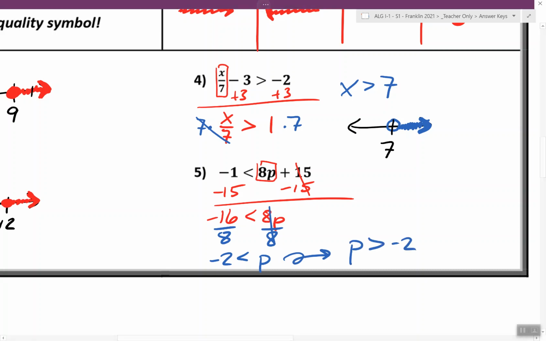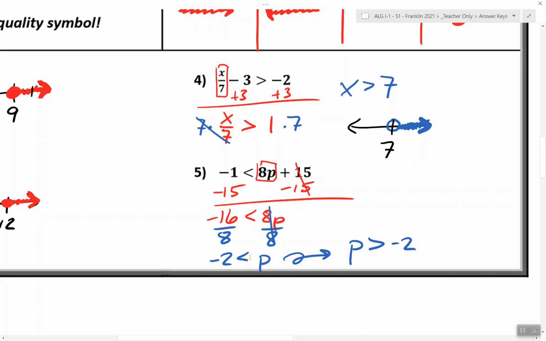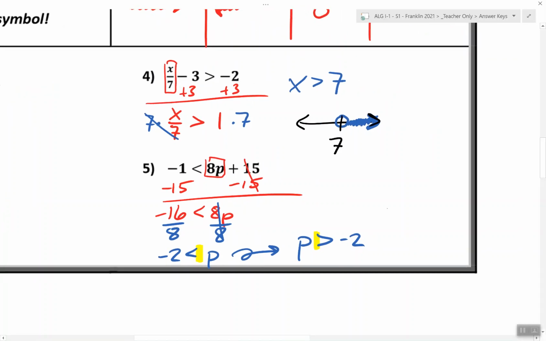Just be careful when you do that, because if your symbol is open to the p here, it needs to be open to it here. We're just mirror imaging, rotating that whole thing around so that when we read it, we're reading it from the perspective of the variable. Because if we just switched the p and the 2, it would change the direction of our graph. So make sure you rotate the whole thing.